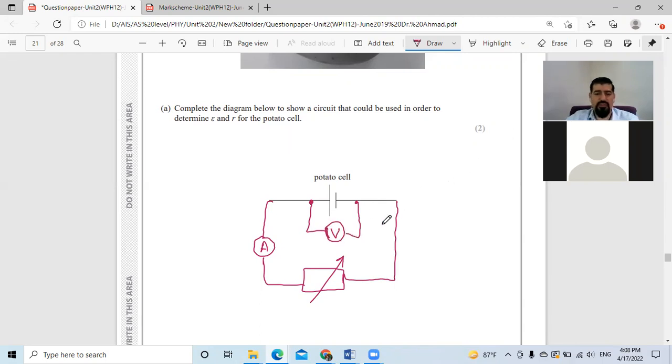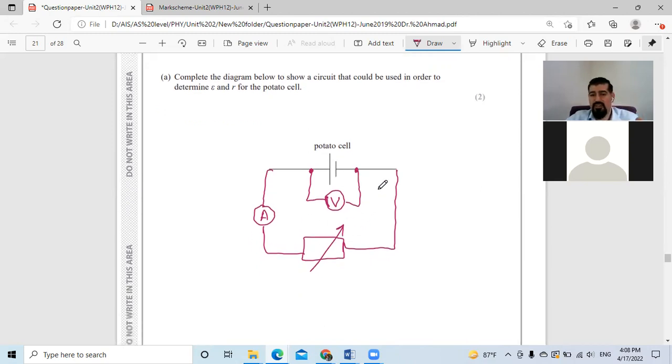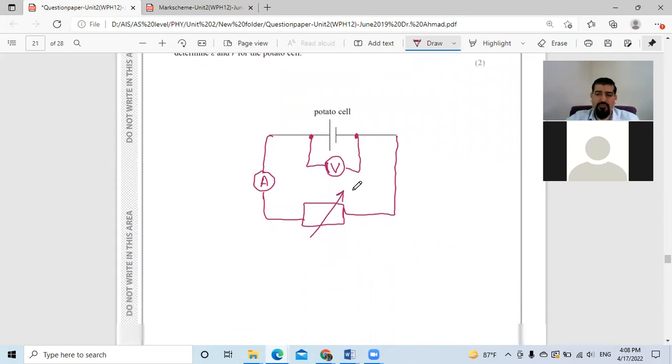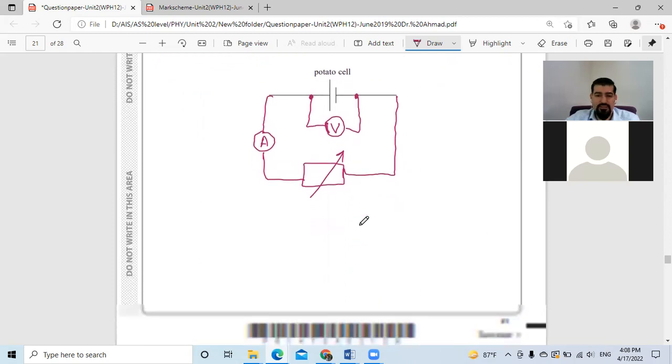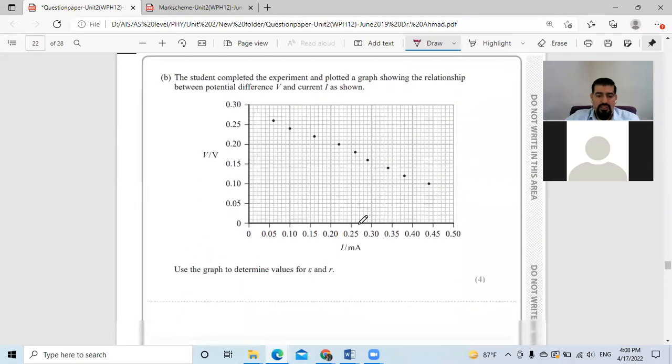This is easy, 2 marks. By drawing this circuit, we get the 2 marks: connecting a voltmeter in parallel and an ammeter in series, and a variable resistor to control how much current passes through the circuit. Easy. Now let's move on.